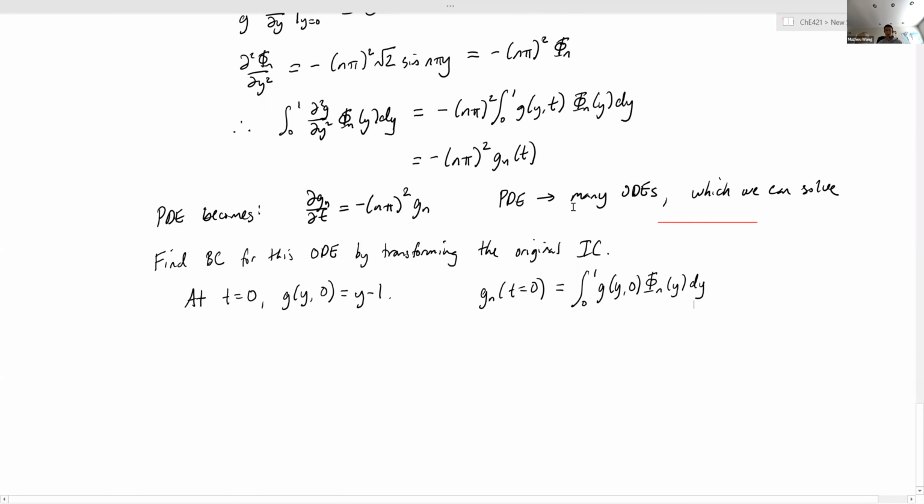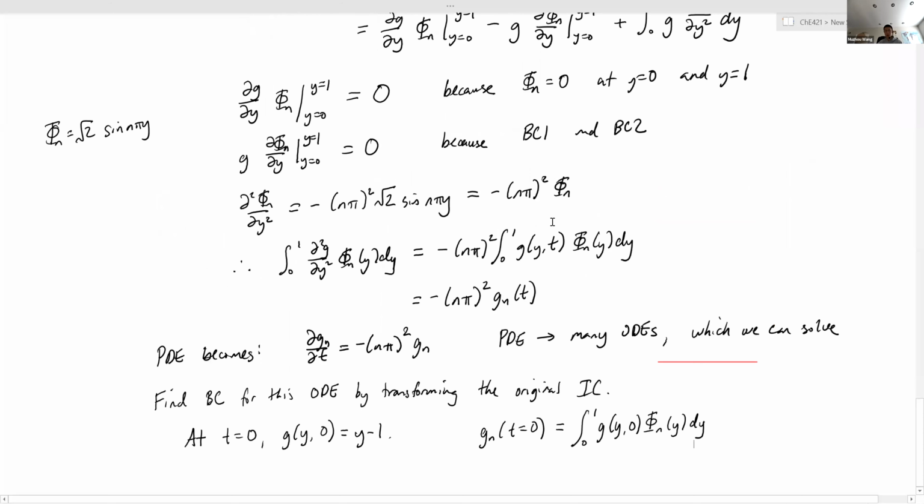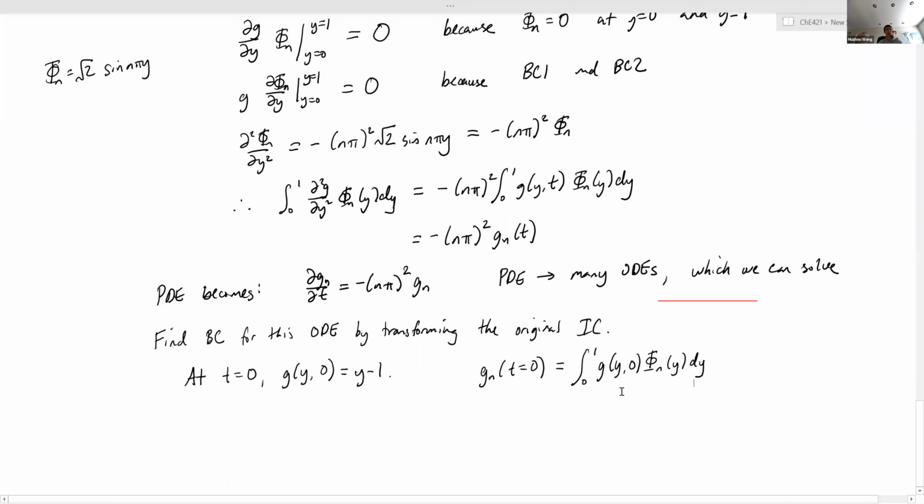If you recall, that's because of this relationship right here, right? Gn of t is equal to the inner product of g of y, t and a basis function. And so we're basically just using that with a special case at time t equals 0. The reason why this is useful is that we know what g of y, 0 is.